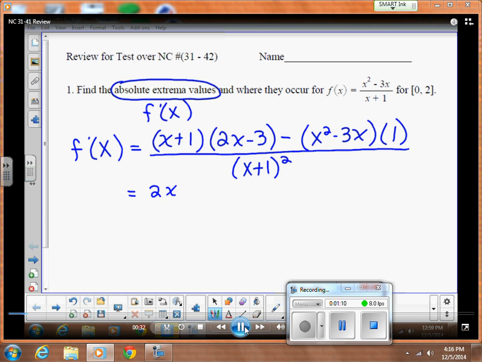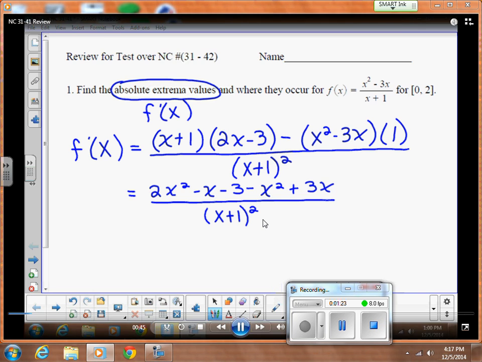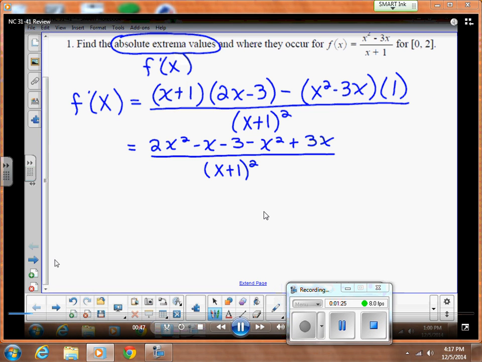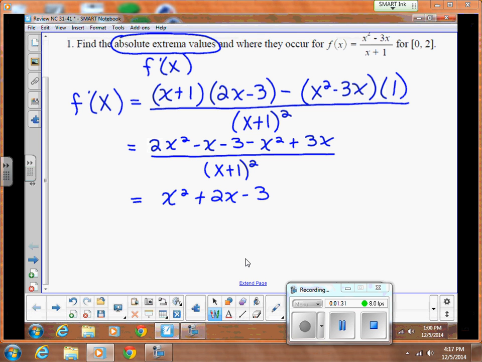So I'm going to go ahead and distribute, FOIL things out, distribute the negative 1 right here, all over x plus 1 squared. Combine like terms, so we end up with x squared plus 2x minus 3 over x plus 1 squared.